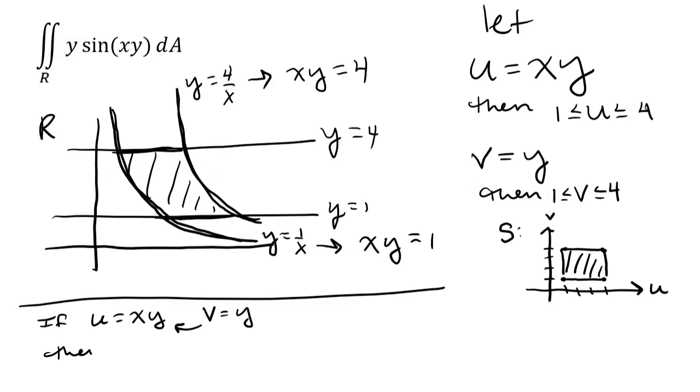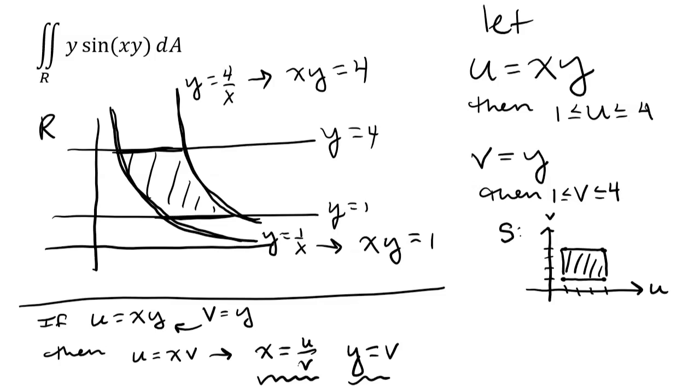So then we would have u is really xv, which then I could solve that for x to have that x is going to be u divided by v. So then we have x is u divided by v, and well, y was just v. So we can leave y equals v as an equation. So we've got x is u over v and y is v.